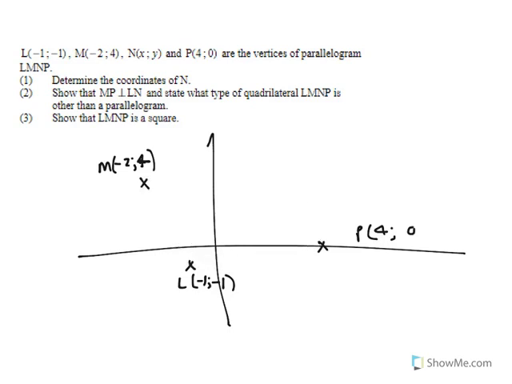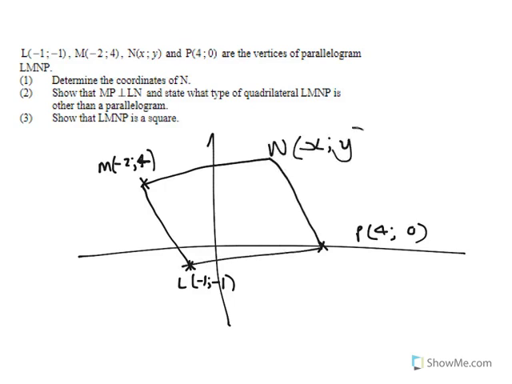So what I mean by that is you wouldn't have something like LP, then go to M and then go to an N, right? So even though that would create a parallelogram as well, that would mean that your shape is not being named in alphabetical order. So that wouldn't be a possibility. So L, M, and then N must be somewhere in here, P. So we're trying to figure out the coordinates of N, right?